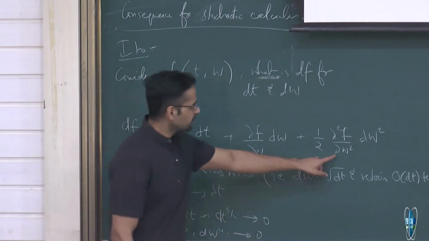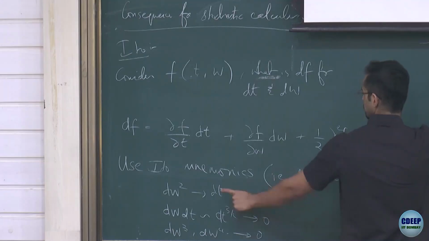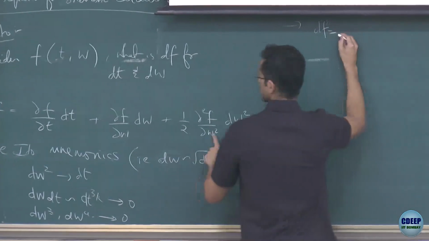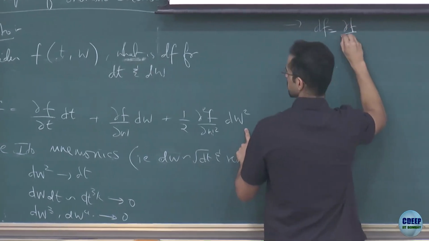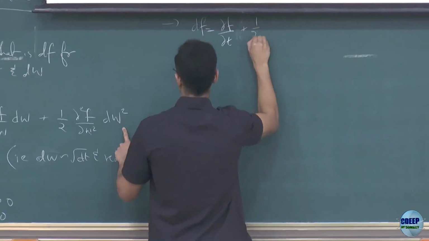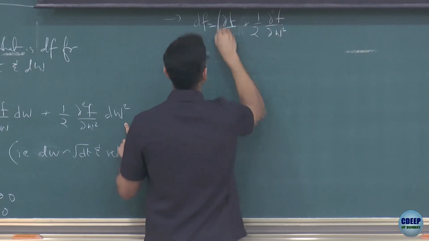Okay, and when I replace using the Ito mnemonic, what I will get then is df. So the equivalent transformation or Taylor series is df dt, plus I get a contribution from the dependence on the Wiener process, which is new.